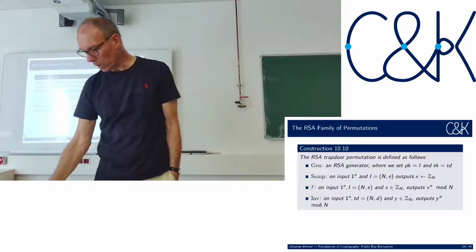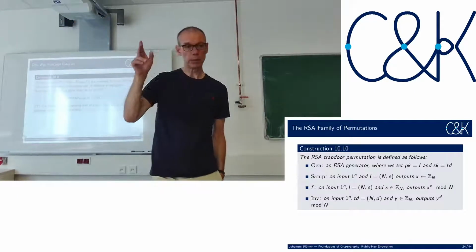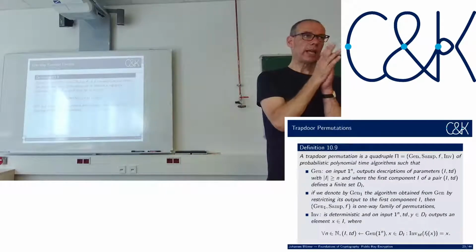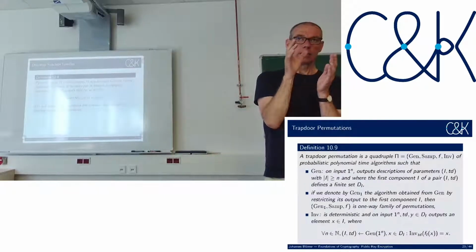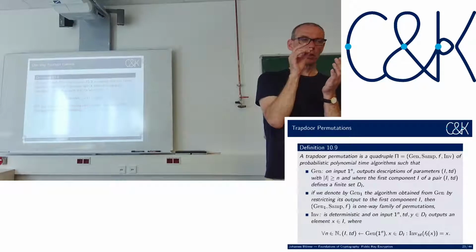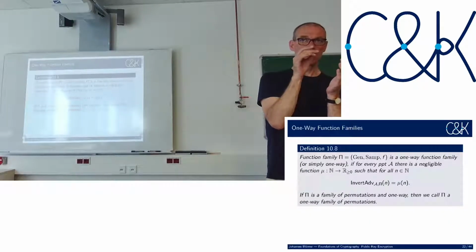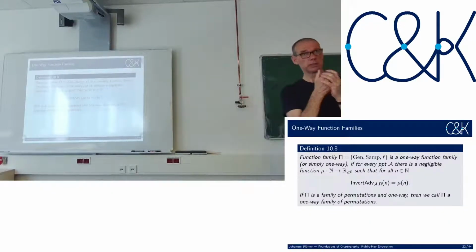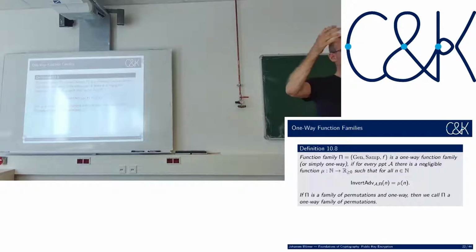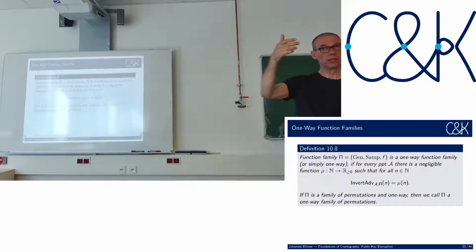I will talk about this in detail a little bit later. If you remember, we talked about RSA generators and good or bad RSA generators, or that RSA is hard relative to a certain generator.